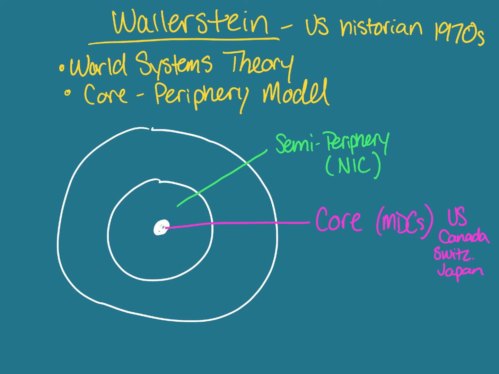Instead, they rely on the tertiary and quaternary levels. These semi-periphery countries are the factories. They're making all the stuff. They're the NIC countries, okay? The last ring is called the periphery.